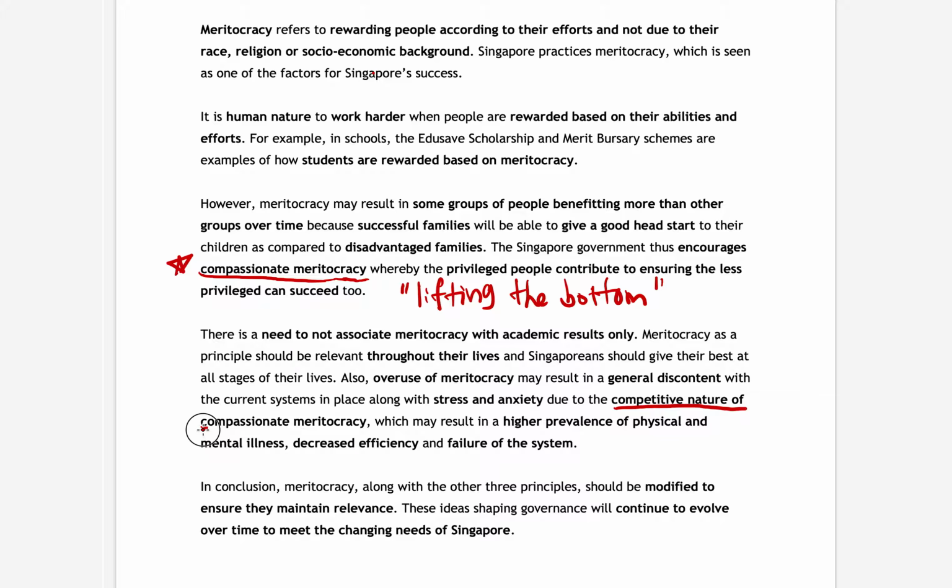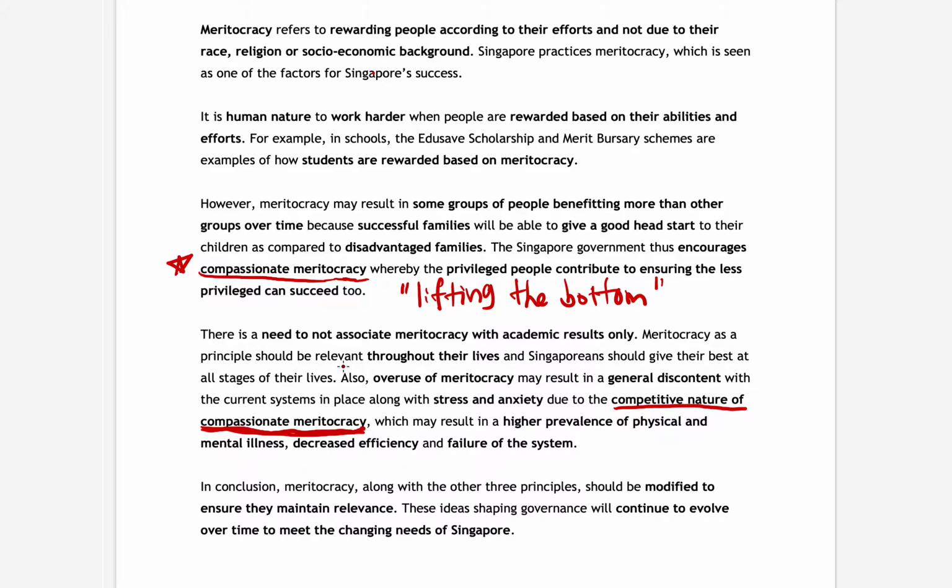So unfortunately, we do see cases of mental illness, decreased efficiency, and failure of the system being brought into people's attention. And of course, as a good government, things need to be addressed, things need to be adapted, so that we can ensure that these types of problems do not come about again in the future, and definitely still maintain Singapore's competitiveness on the world stage.